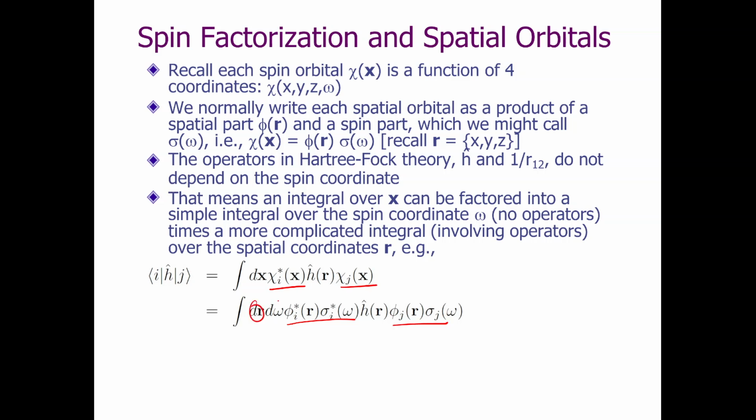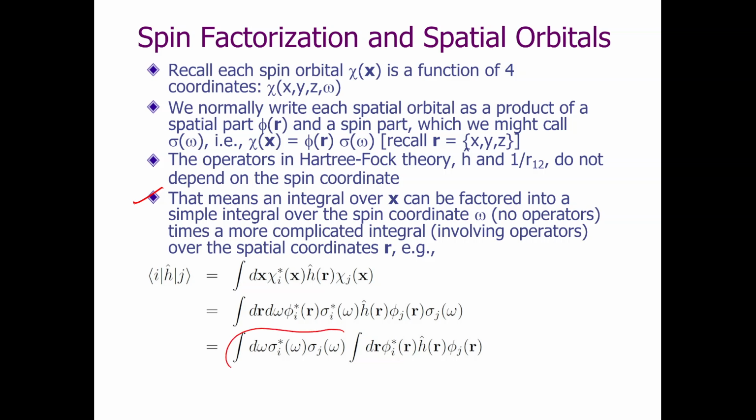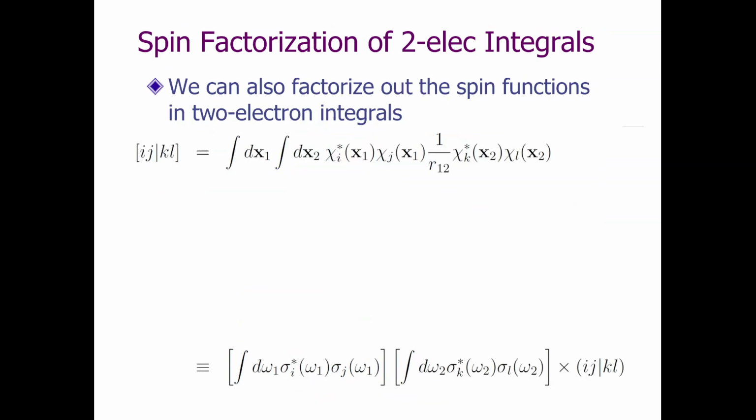And see, there are two integrations, dr and d omega. So what does this mean? You can separate out this fellow because this depends on omega and this integration is over r. Now you have this spatial part and this spin part separated here.